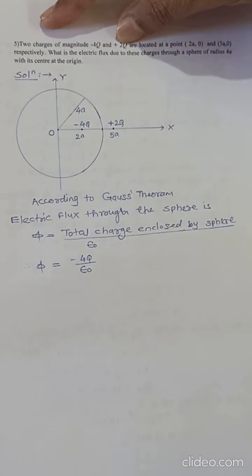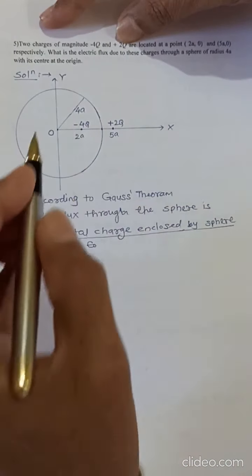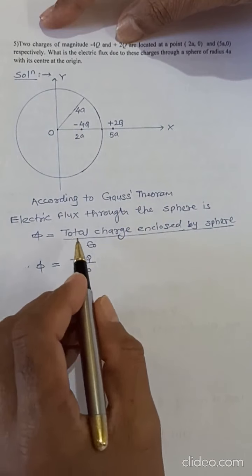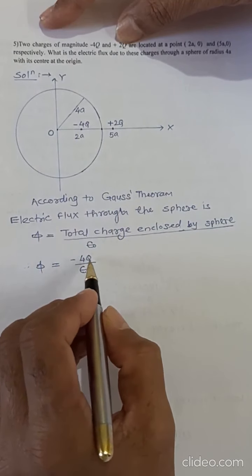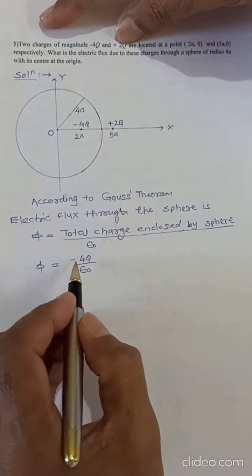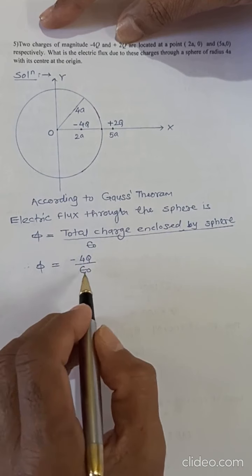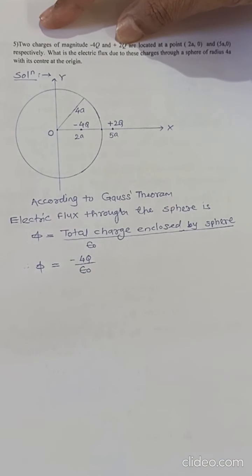So the charge enclosed by the sphere is only minus 4q, and therefore phi is equal to minus 4q upon epsilon 0.